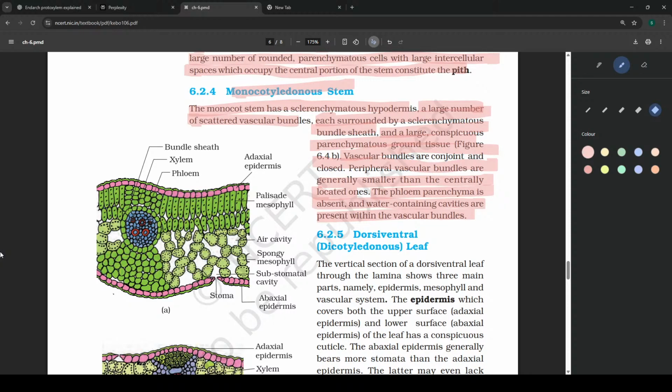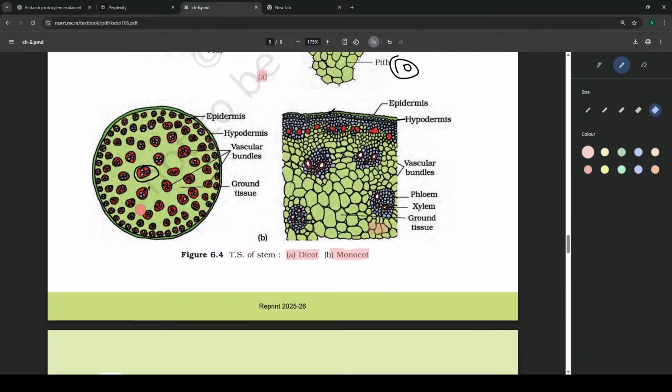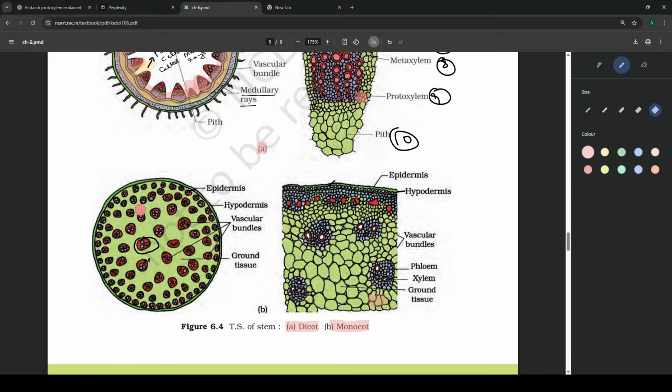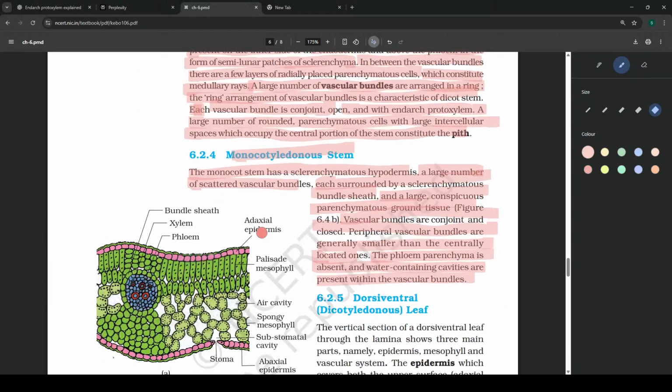If we go from the center to the outside, the vascular bundles at the center are generally larger than those outside. These vascular bundles here are larger compared to these ones here. That is what they're saying.